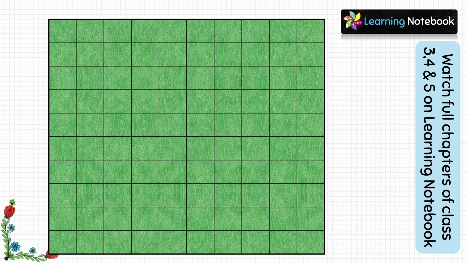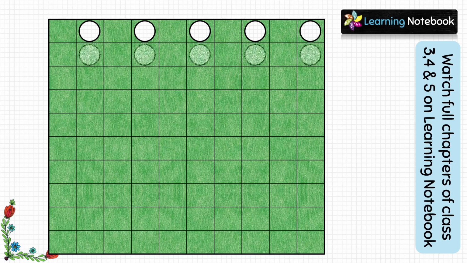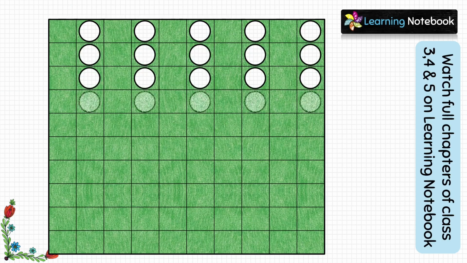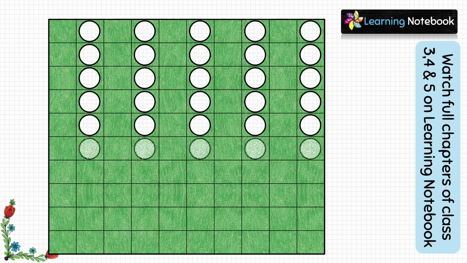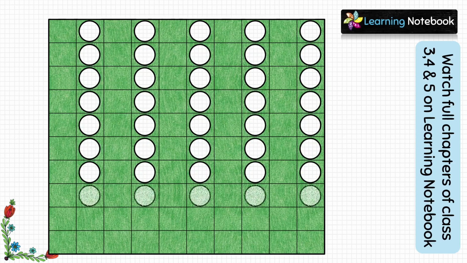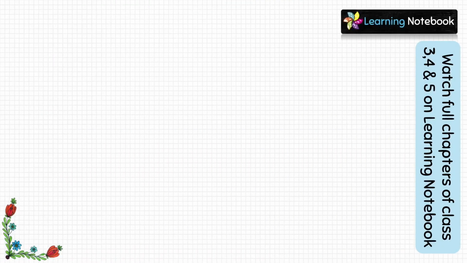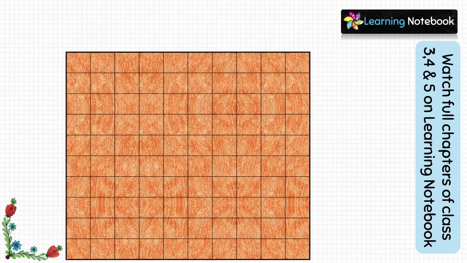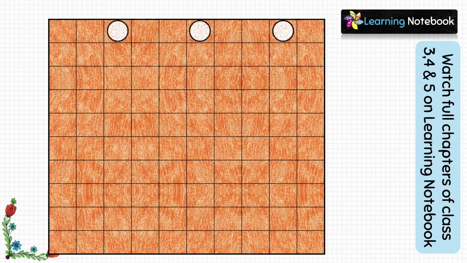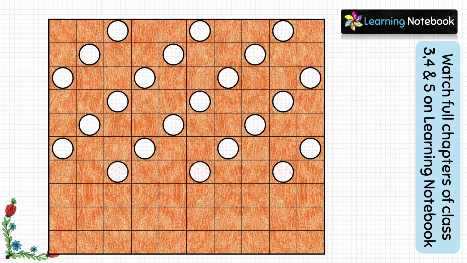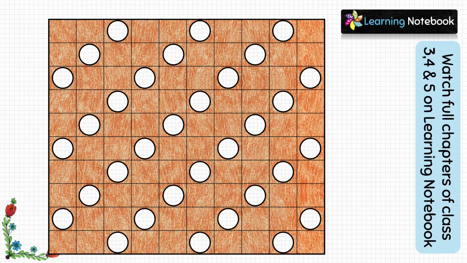Now take another grid sheet and make holes on this sheet after leaving one square as shown here. Now take the next grid sheet and this time make holes after leaving two squares.